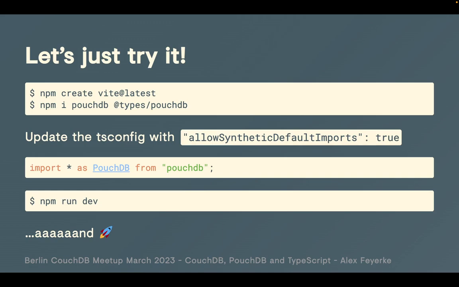It's 2023, so we're going to use Vite because that's the current thing, and we're going to use Svelte because I've done enough React in my life, and Svelte is fun. So npm create Vite, install PouchDB and the types for PouchDB. We add that allow synthetic default imports thing to the TypeScript config. Then I assume the asterisk in the import is a synthetic import. Then we do npm run dev, and off we go.